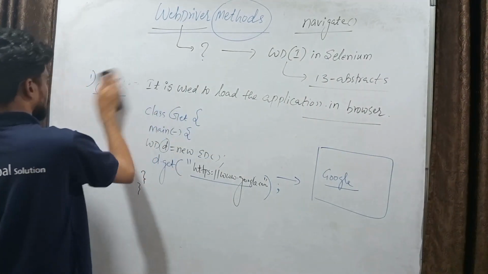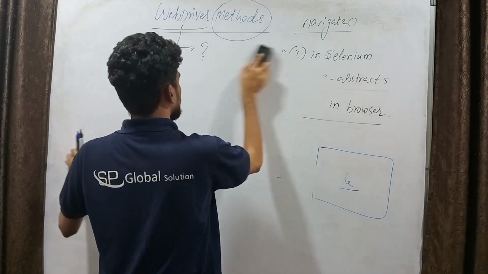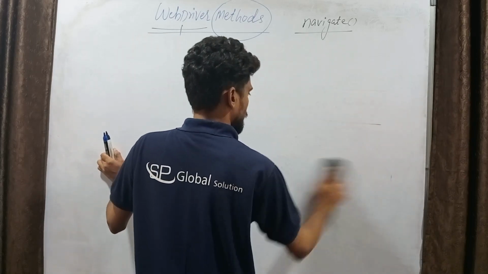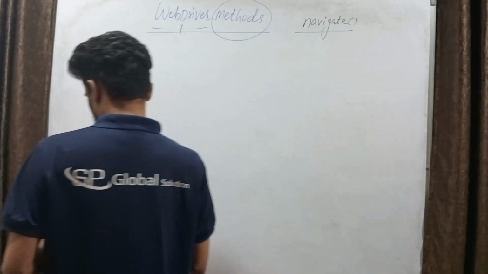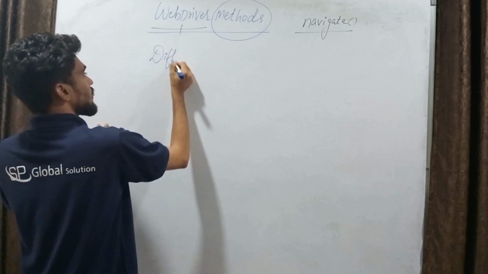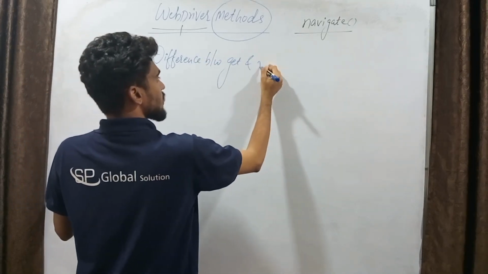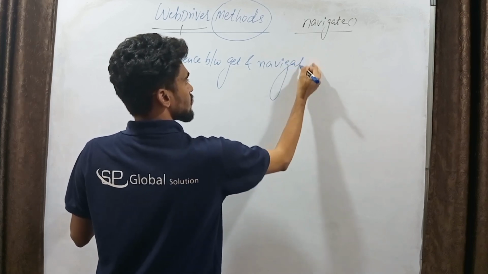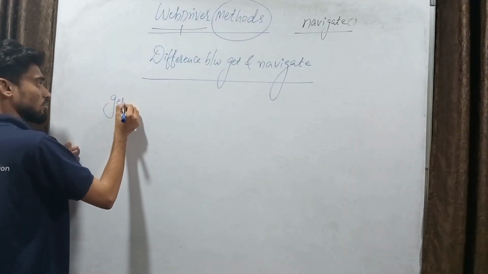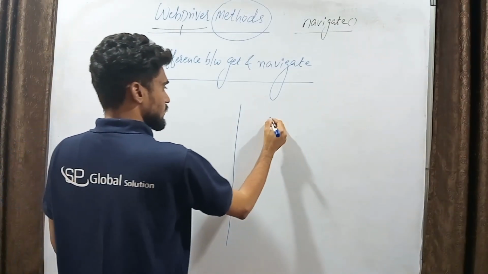Observe here. Observe carefully. Difference between get and navigate method. So this is the get method and this is the navigate method.